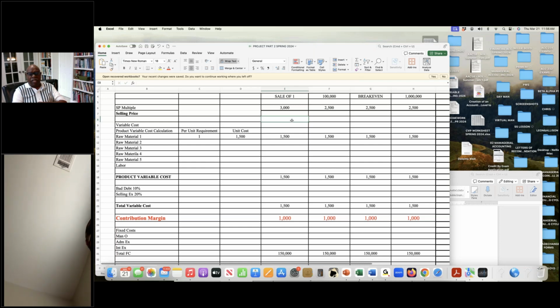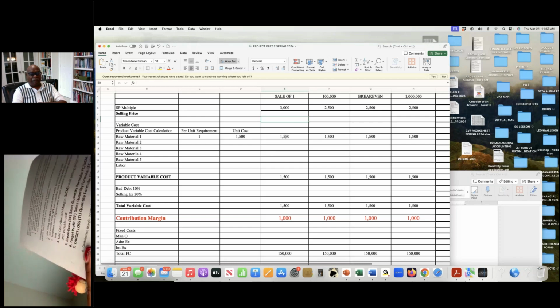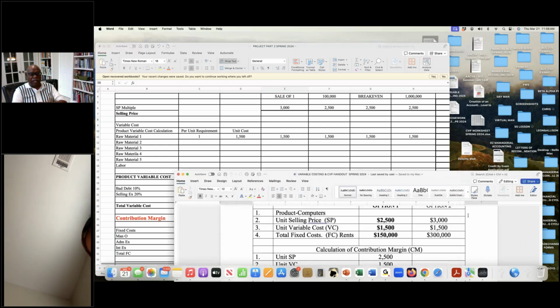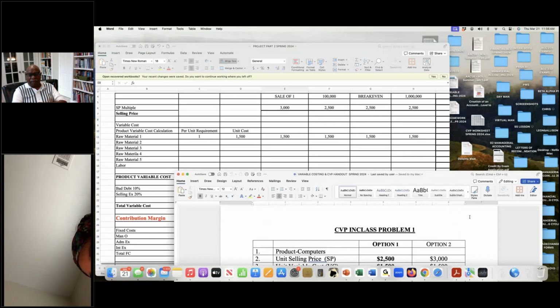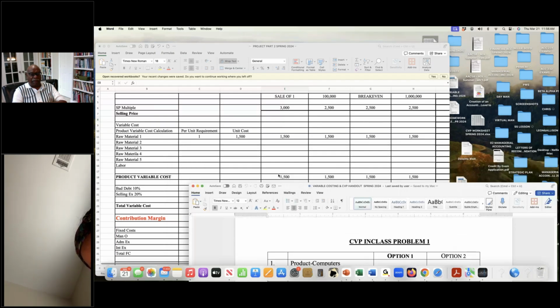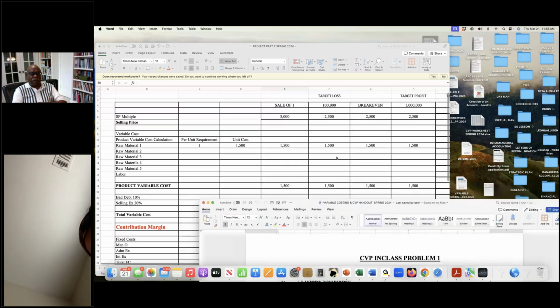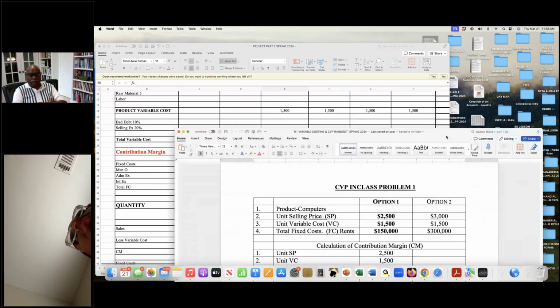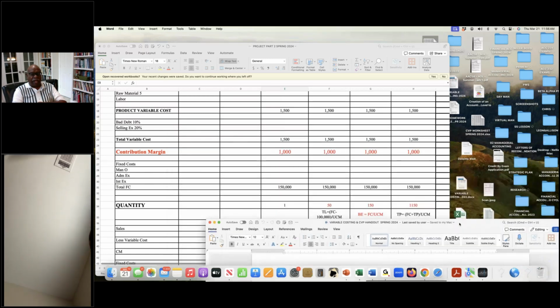And the unit cost is what now? 1,500, right? Still 1,500. And the product variable cost now is what? 1,500. Our fixed cost now is what? 300,000, correct?